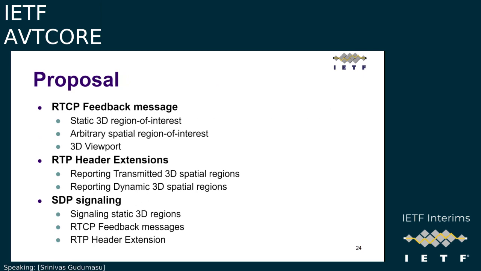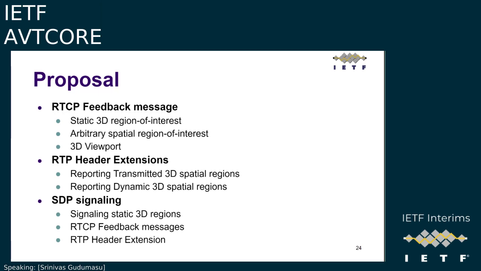So we have various proposals. We proposed RTCP feedback messages. The RTCP feedback messages can contain a request for a static 3D region of interest, an arbitrary spatial region of interest, or a 3D viewport.